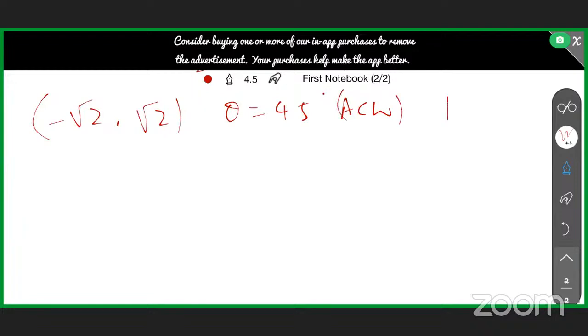Then the point 1 comma minus 1 will become dash.